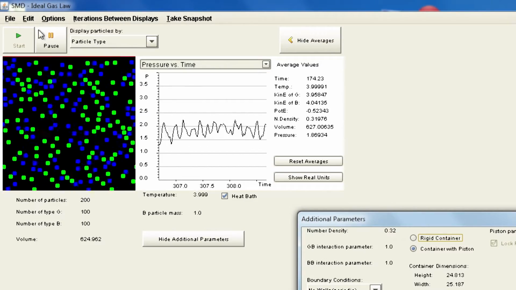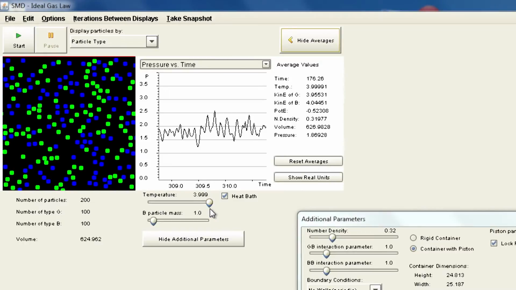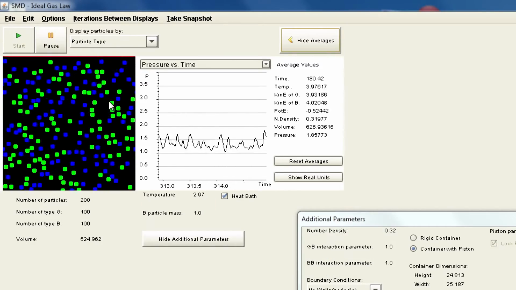Now, what we are going to do, pause it, then we are going to change the temperature, and now that we were at higher temperature, we are reducing, we are taking away the heat from the system. So, I am going down from 3.99 to let us say 2.99, and then we are going to run it. The piston is active.